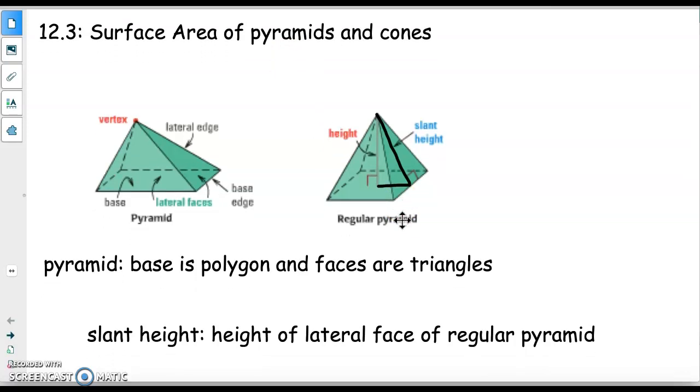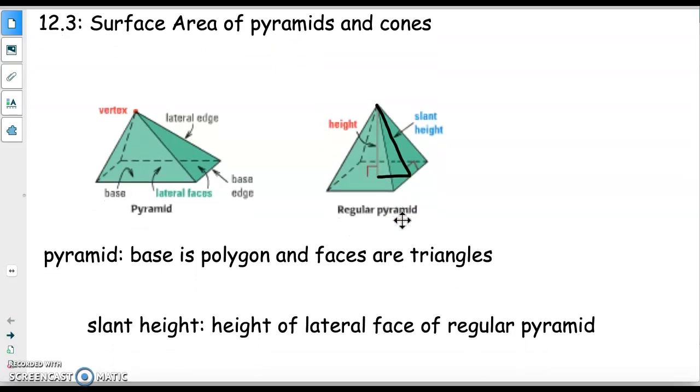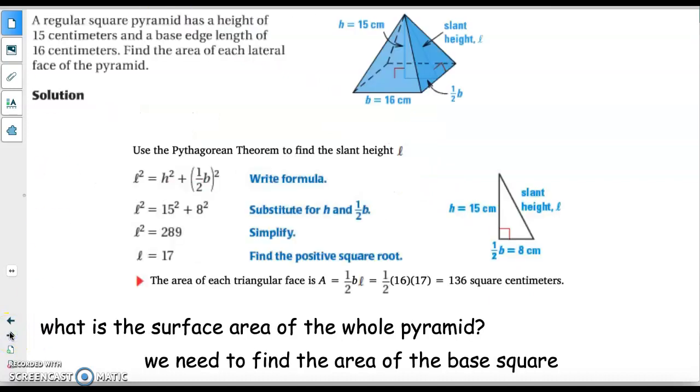But so again, the base of our pyramid is a polygon and the faces are triangles, and the slant height is the height of that lateral face up the side. So if we're looking at this regular pyramid here, this is a square pyramid. It has a height of 15 centimeters. So from the vertex straight down to the bottom is 15 centimeters.